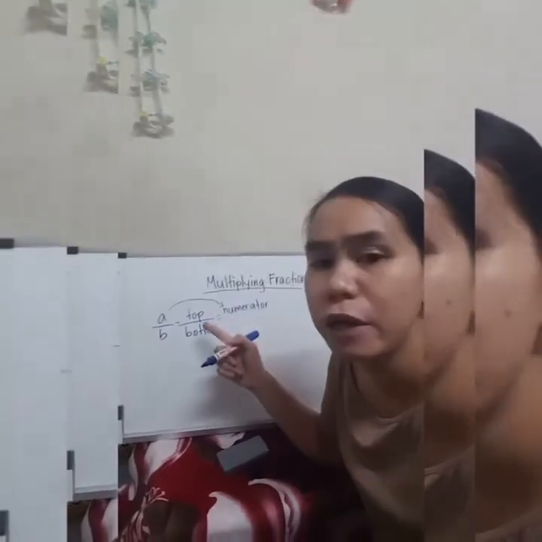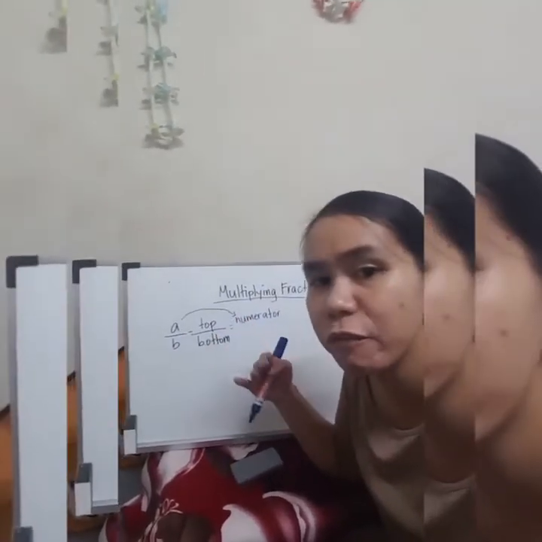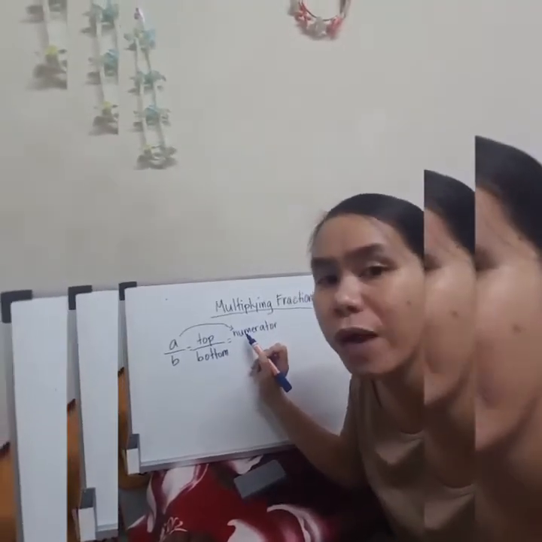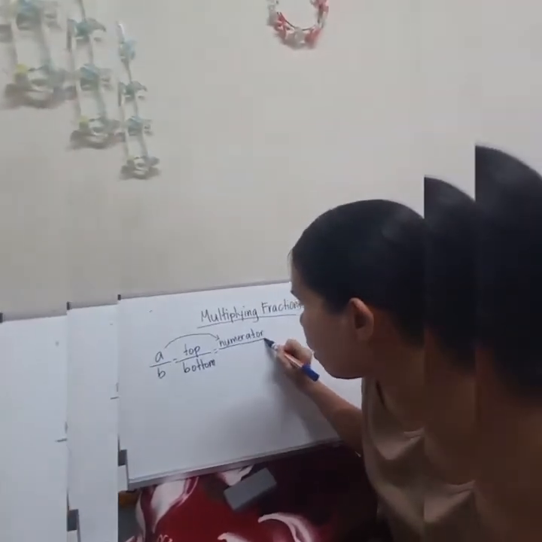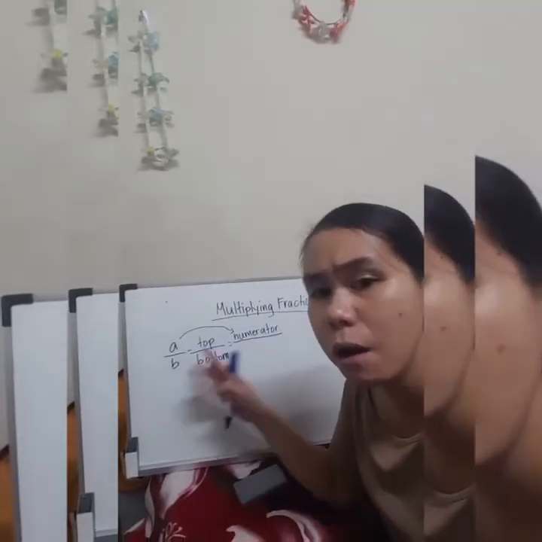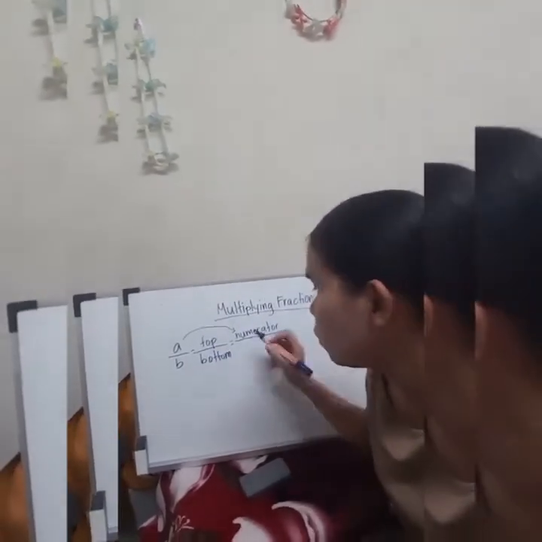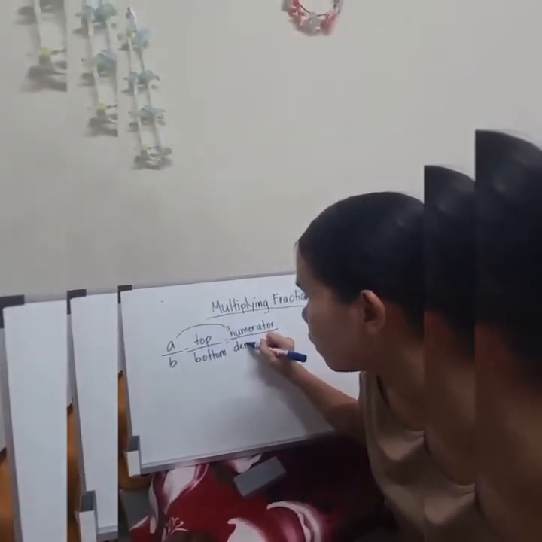Again, the number in the top part of the fraction, the upper number, is the numerator. The number below or the bottom part of the fraction, this is what we call the denominator.